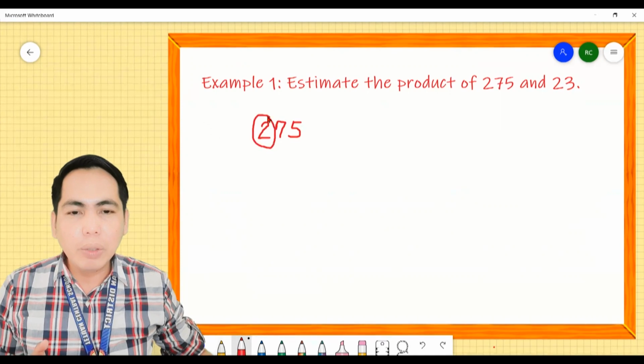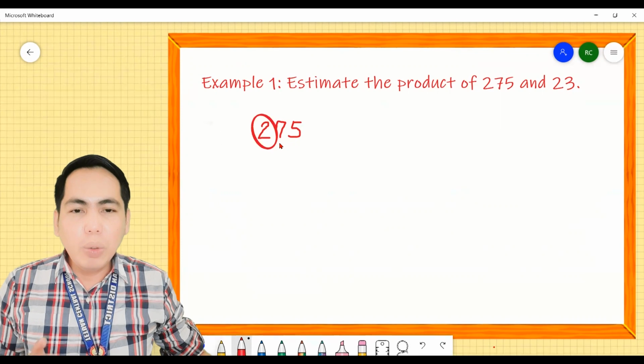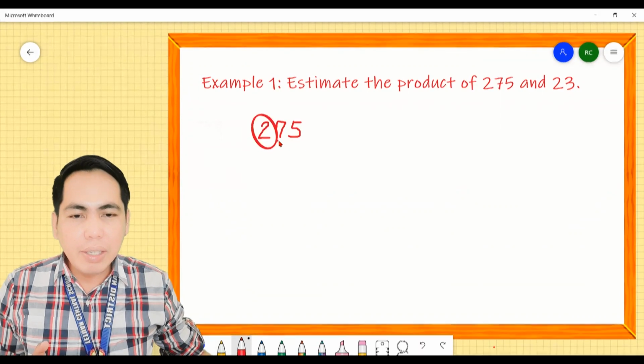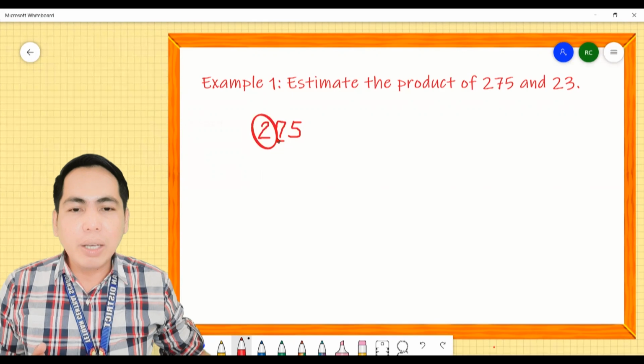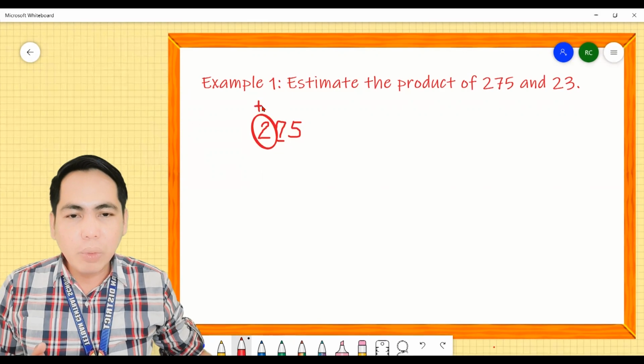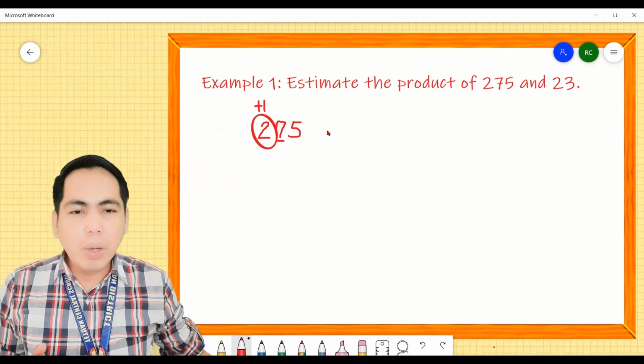So we are going to round off digit 2, and then we have to look at the next digit to its right, and that digit is 7. According to the rule that if this digit is 5, 6, 7, 8 or 9, we are going to add 1 to the digit we are rounding off. So 2 plus 1 will be 3, and we have to replace all the digits to its right with zeros. So 7 will become 0 and 5 will become 0.